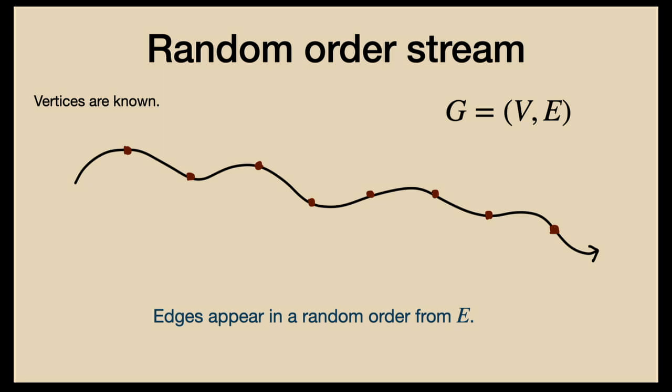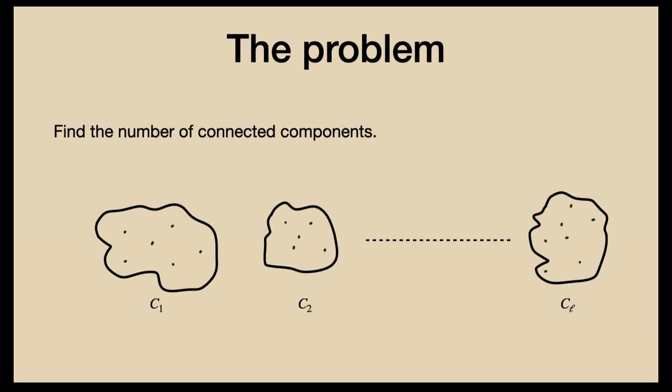This permutation is completely random. We'll see how we're going to make use of this and what happens in this model. So edge EI1 appears, then I2, and so on till IM, where this order I1, I2 till IM is completely random. The specific problem that we're interested in is to find the number of connected components of a graph in this model.